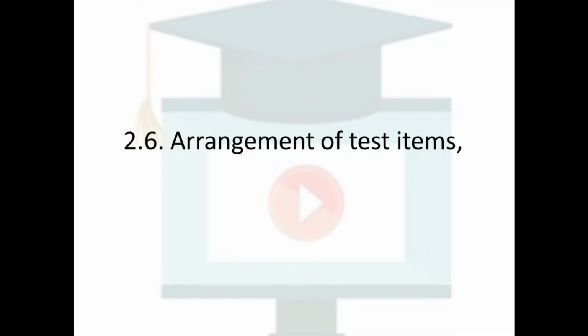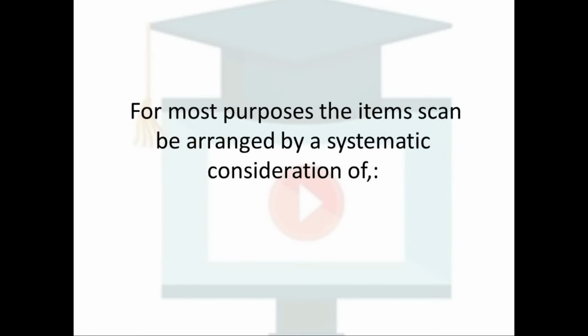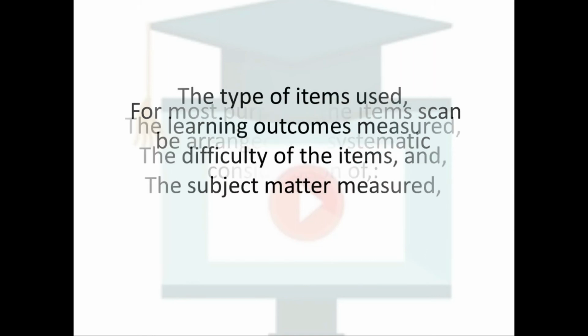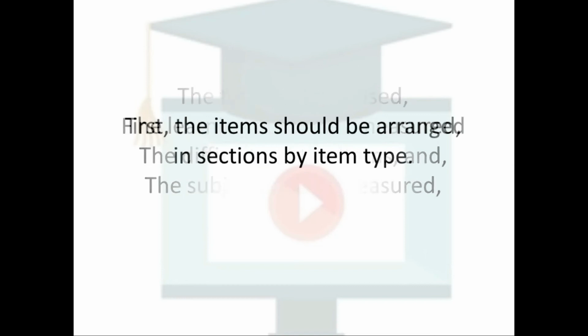2.6. Arrangement of test items. There are various methods of grouping items in an achievement test depending on their purposes. For most purposes, the items can be arranged by a systematic consideration of the type of items used, the learning outcomes measured, the difficulty of the items, and the subject matter measured.